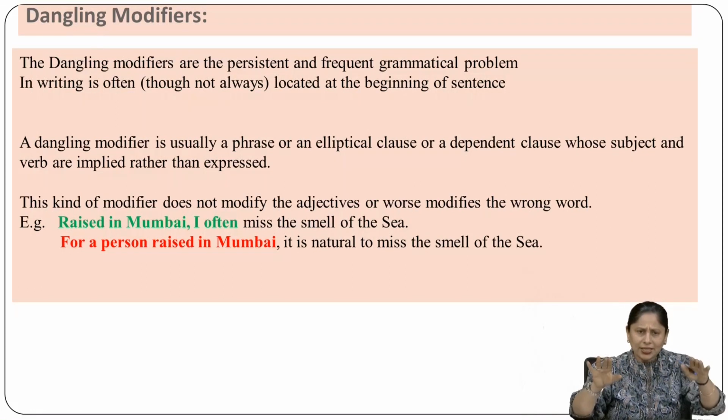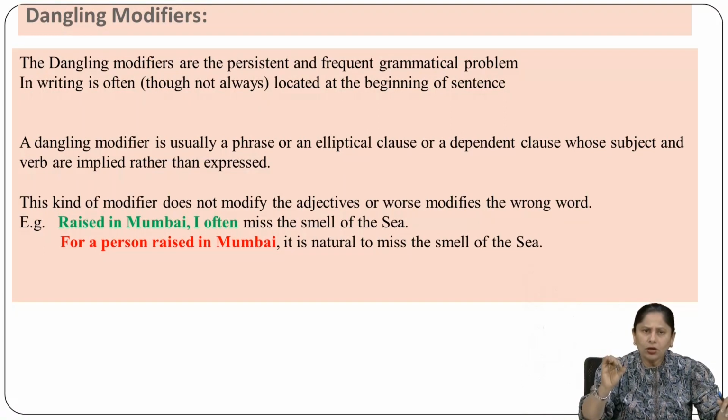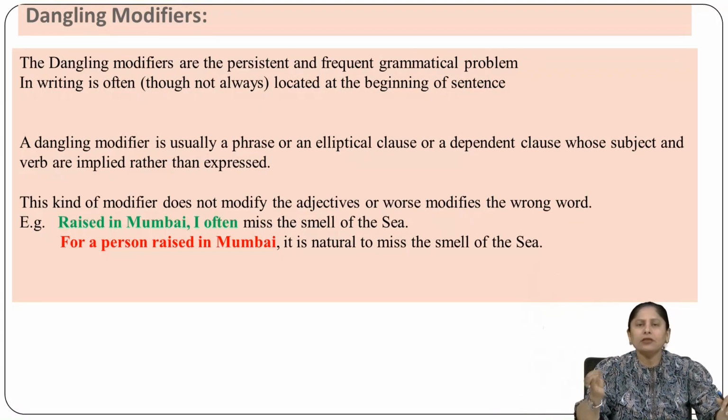So I think the example in front of you, "Raised in Mumbai, I often miss the smell of the sea," is completely apt to understand the whole idea of dangling modifiers.